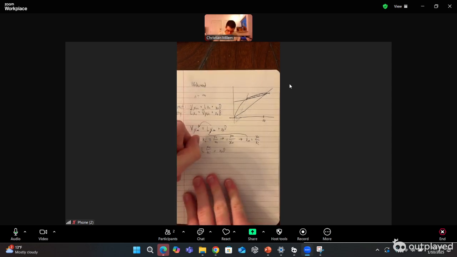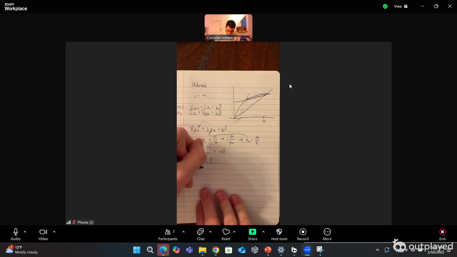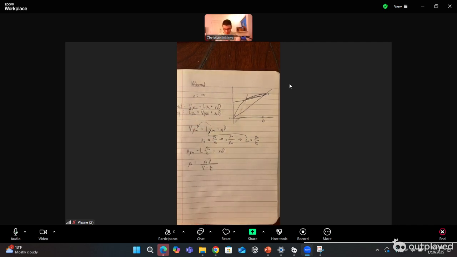So then we have y infinity equals xd times d over V minus L over ki. Let me double check and make sure that I did the algebra correctly. Yeah, that should be it.